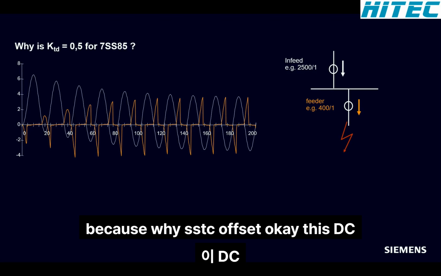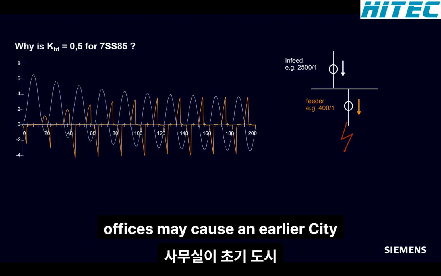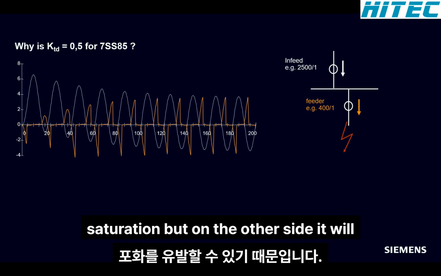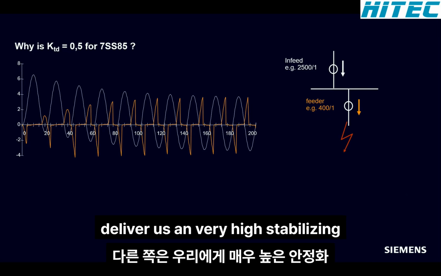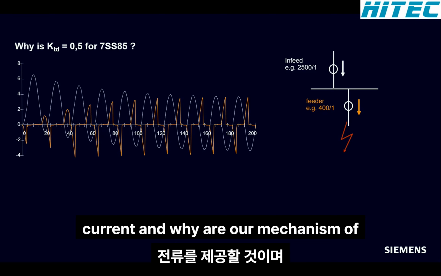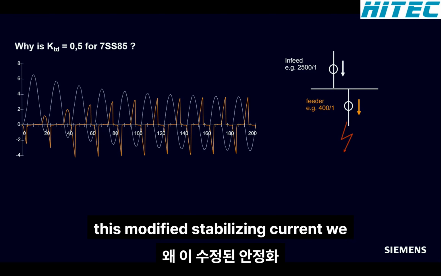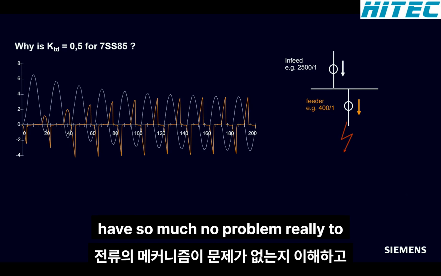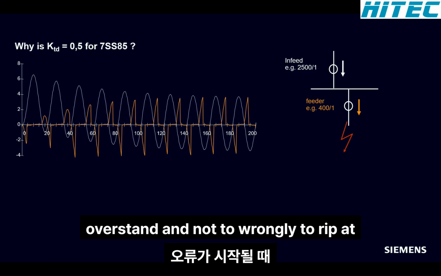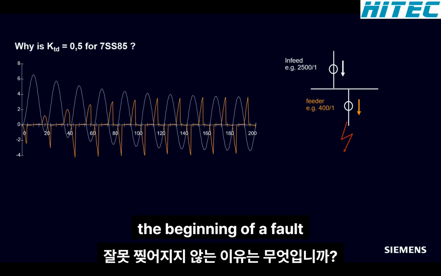This DC offset may cause an earlier CT saturation, but on the other side, it will deliver us a very high stabilizing current. And via our mechanism of this modified stabilizing current, we have no problem to override it and not to wrongly trip at the beginning of a fault.